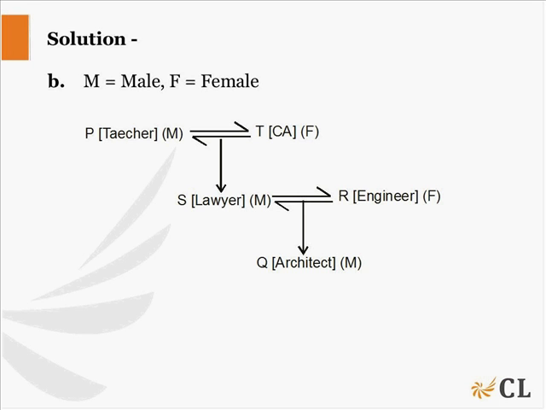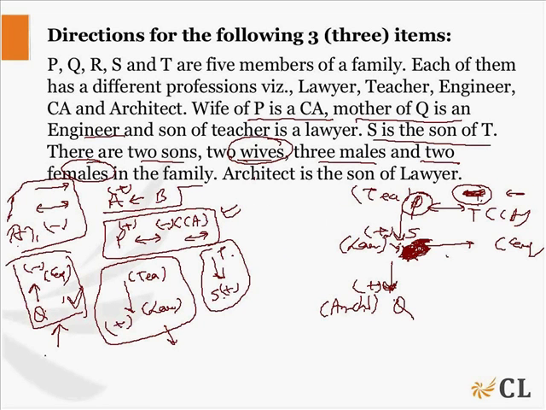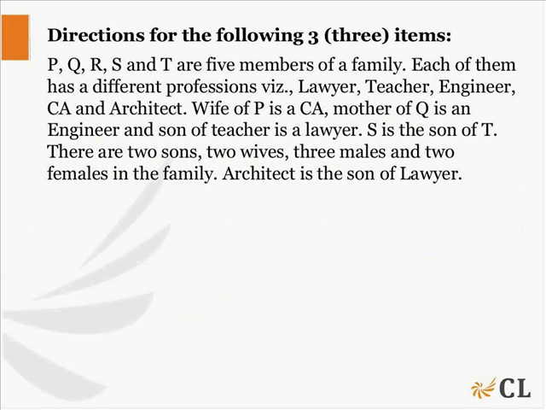But in that case CA will be the mother of Q, because you have put Q here. According to this, engineer should be the mother of Q. So Q cannot be here, right? So the only option, because Q has some mother, is that Q has to be here only. And then S is a son of T, so S has to be here, right?